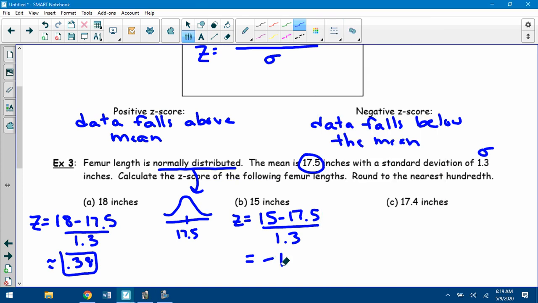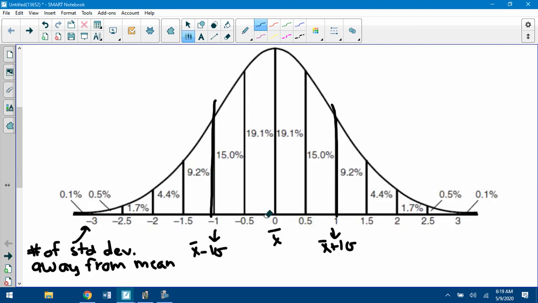So now I'm almost 2 standard deviations below the mean. If I was looking at my bell curve, negative 1.92, there's negative 1, there's negative 2, I'd be over in this section somewhere. So not many values are that small.